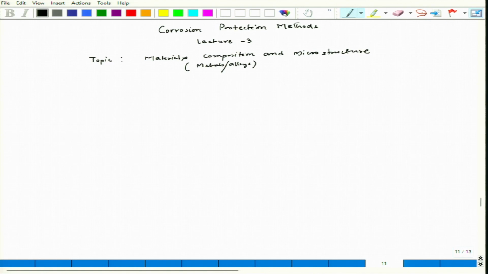So in the last lecture we talked about the different environmental conditions the metals and alloys component experiences. That is dependent on whether that particular component is used in air or atmosphere, or in soil or aqueous medium.